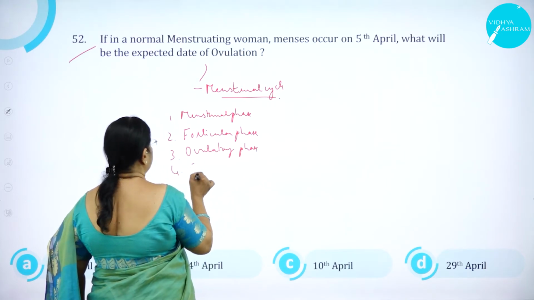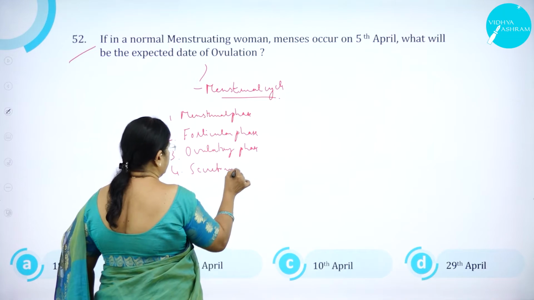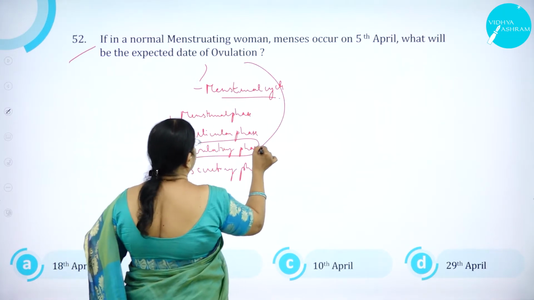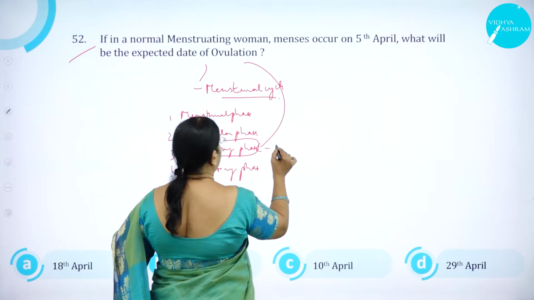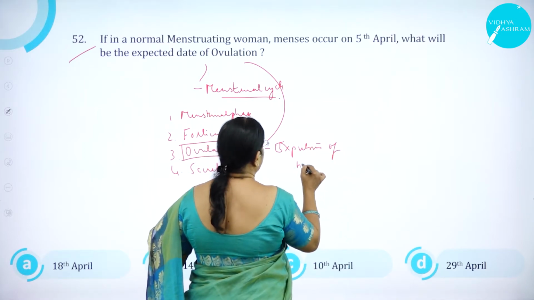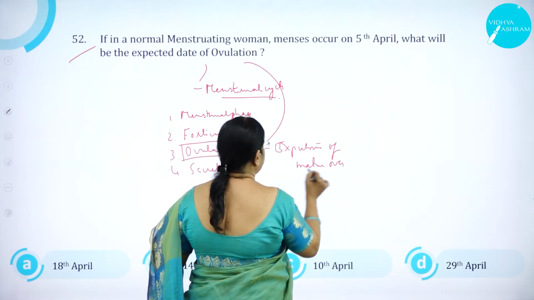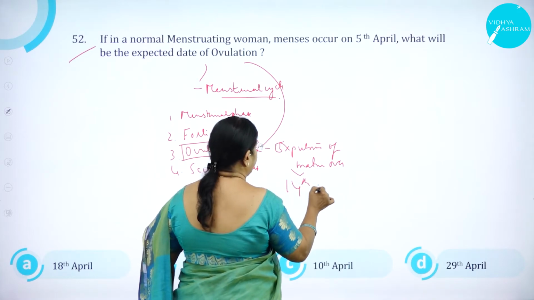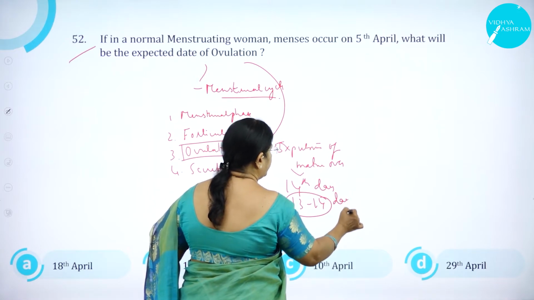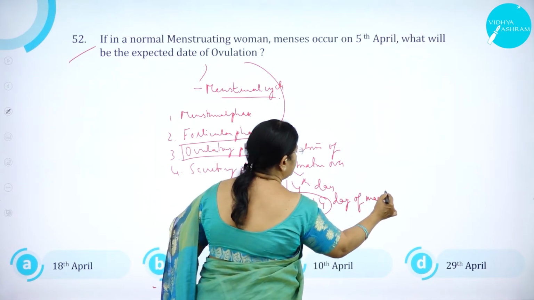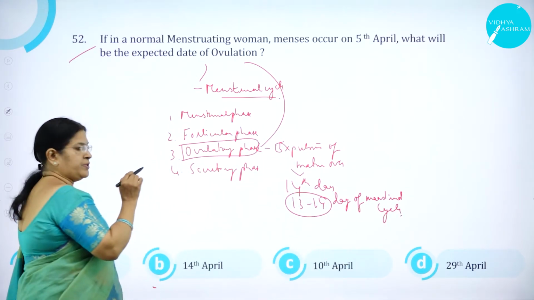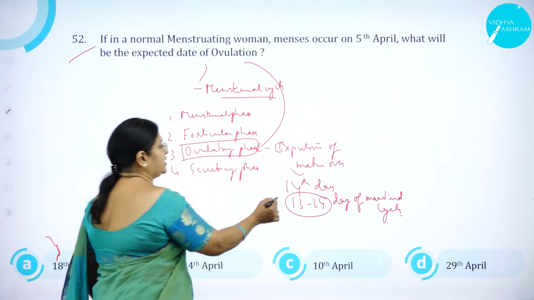And the fourth one is the secretory phase. Ovulation is the expulsion of the mature ovum, which takes place on the 13th to 14th day of the menstrual cycle. So the ovulatory phase is between 13 and 14.